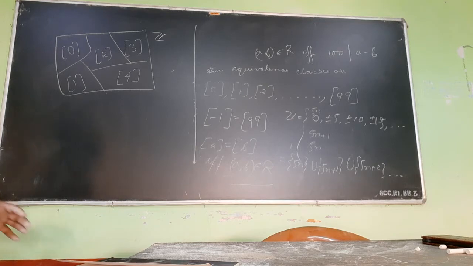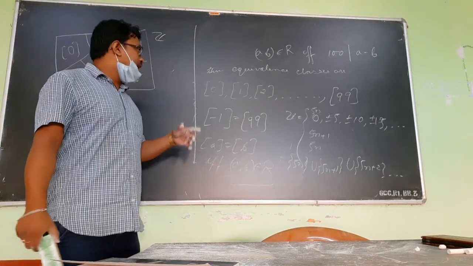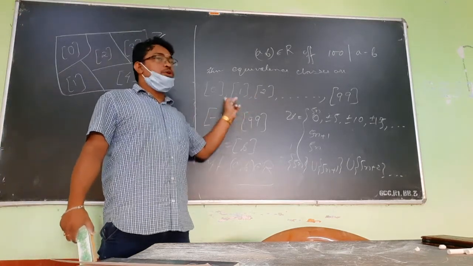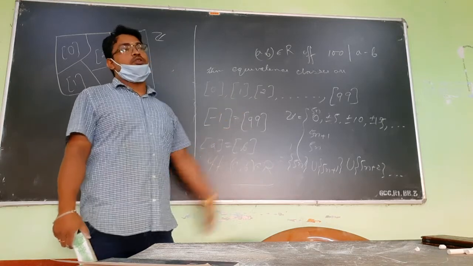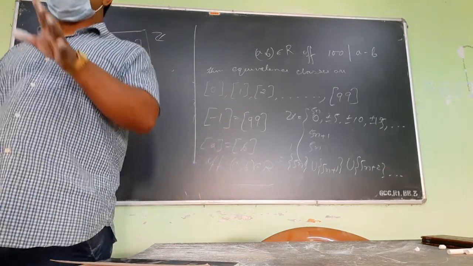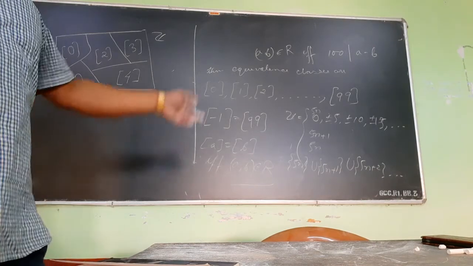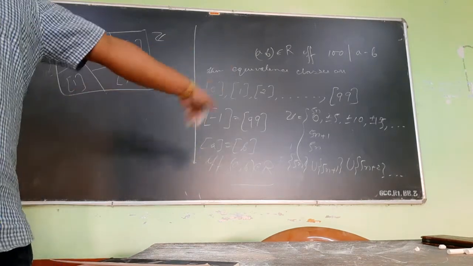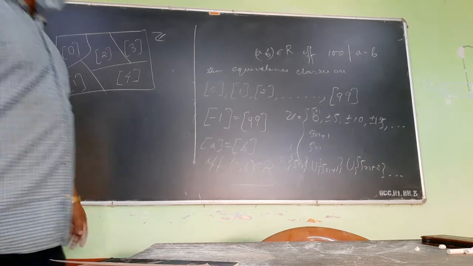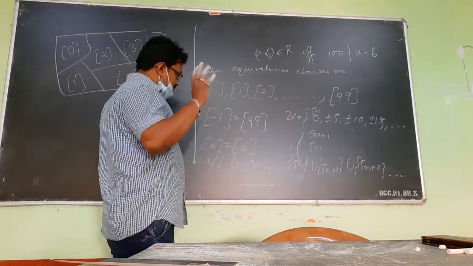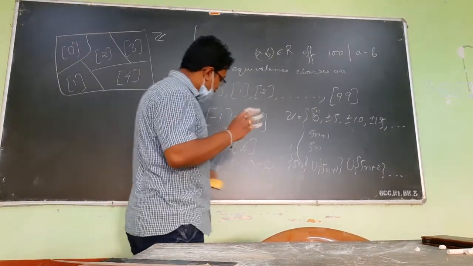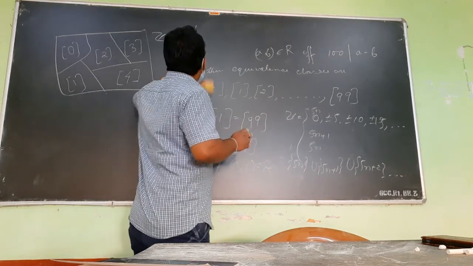If they are not equal, then they have to be disjoint. So they are either disjoint or identical. Some 3 or 4 properties are very important, and we will do that.